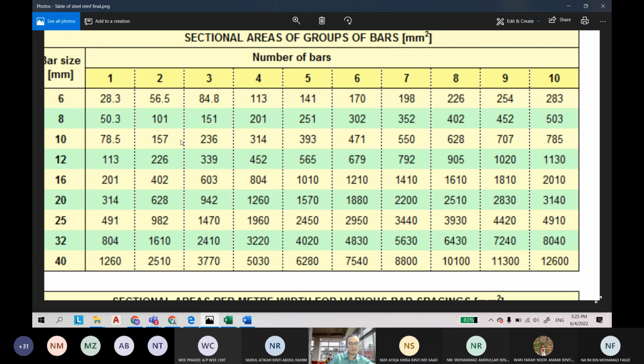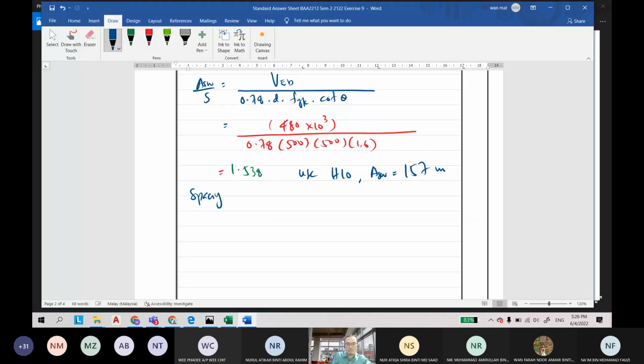Sorry, this table differs from the last one I showed you. The vertical is the bar size, and the column is the number of bars. 10 is here, row number 4. 157. Okay, good.